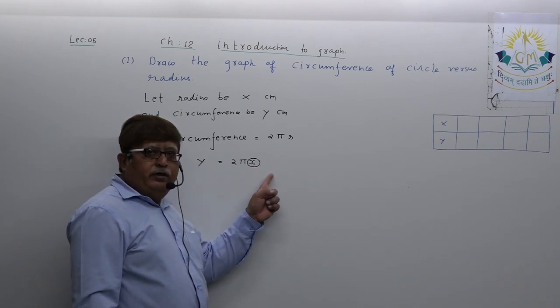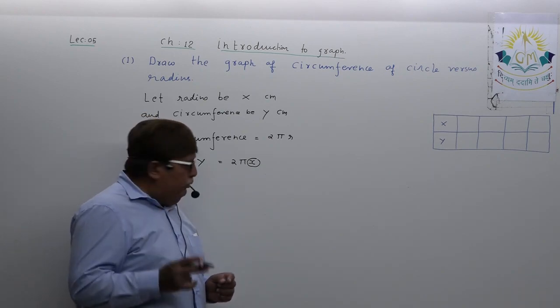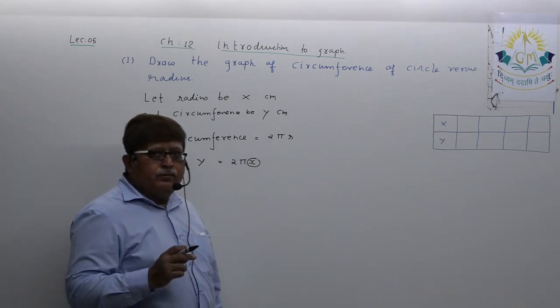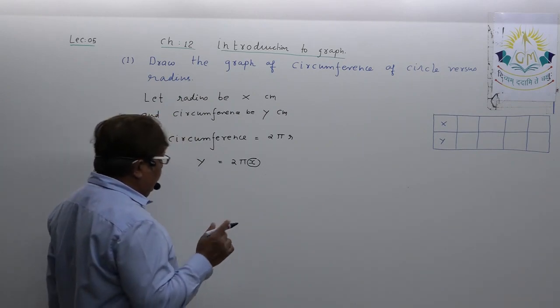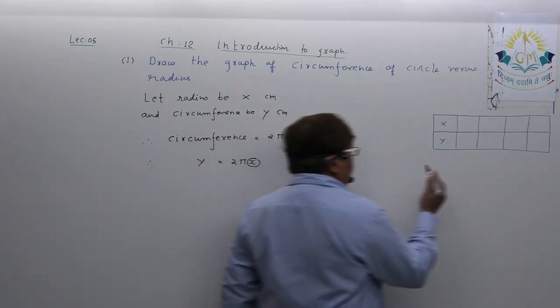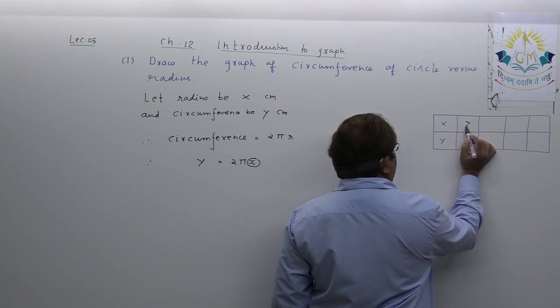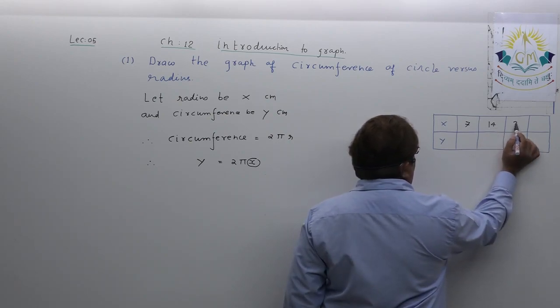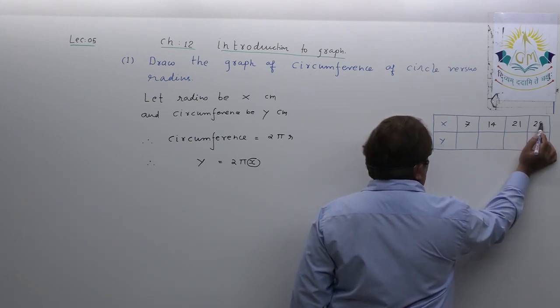So to cancel 7, take all values of radius as multiples of 7. Mind this. Suppose we take multiples of 7: 7, then 7 twos are 14, 7 threes are 21, 7 fours are 28.